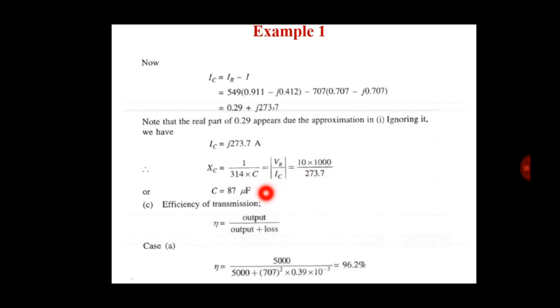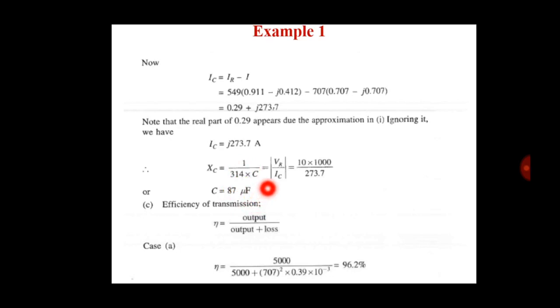Now XC is equal to 1 divided by 314 into C, equal to 10 into 1000, the value of VR and value of VC. Now take the C, C goes to the upside and this value goes to the downside, and the calculation is done and C is equal to 87 microfarad.